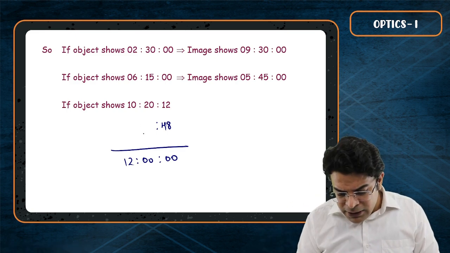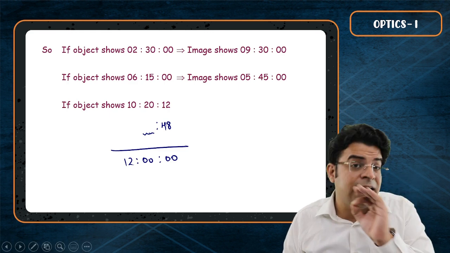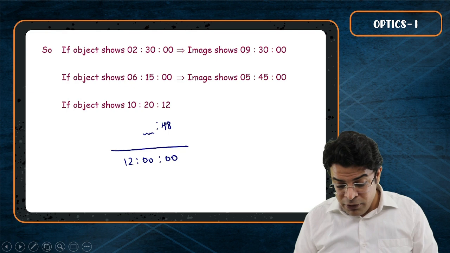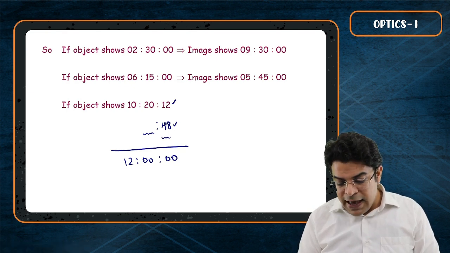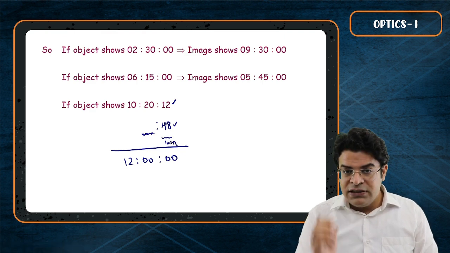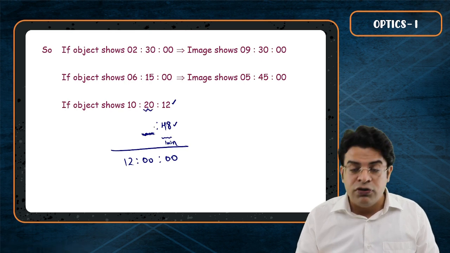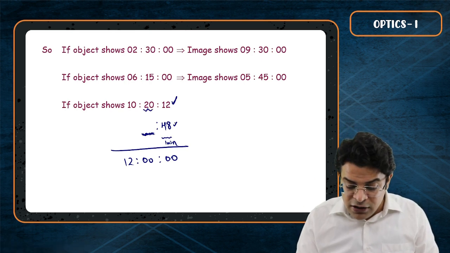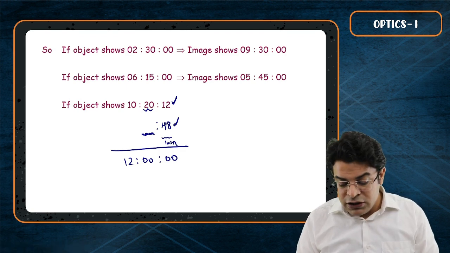Now tell me how many minutes have to be here. If your answer is 40, that's wrong. Why? Because of this 12 second and 48 second, you will get one excess minute here. So here you need to add just as many minutes so as to make 20 plus something equal to 59 minutes, and 1 minute will come from these seconds. So how many minutes should be on the image clock?